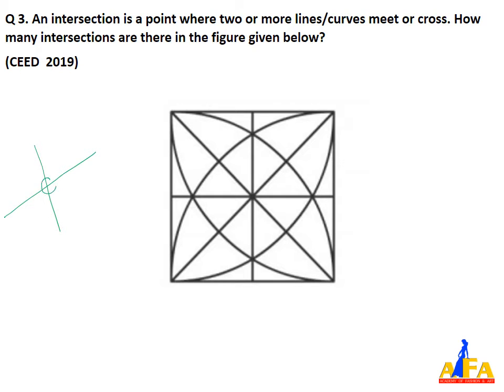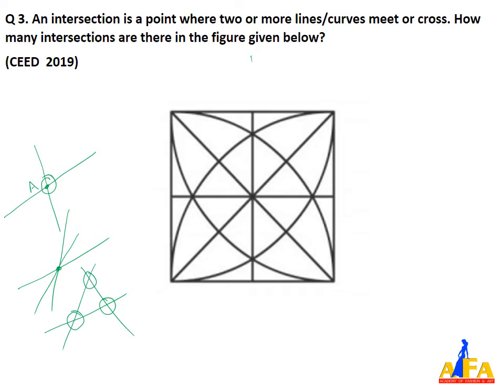For example, if these two lines are crossing, this is an intersection point. If 3 lines are crossing, this is the intersection point. If these are crossing at different lines, there are 3 intersection points. So in this way you have to calculate the number of intersections, but the process is the same.